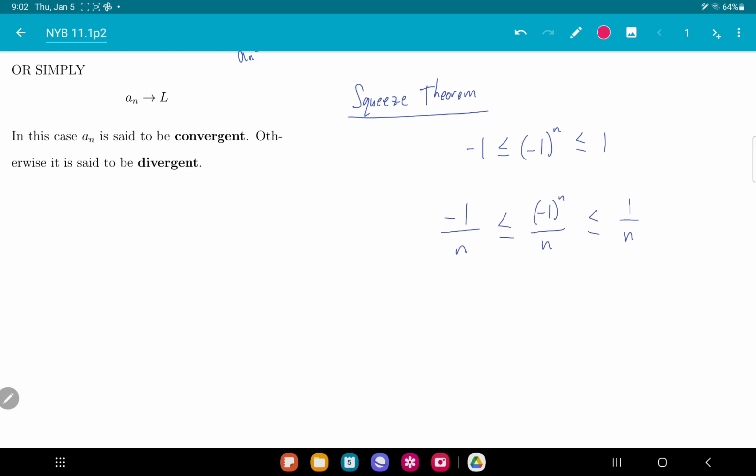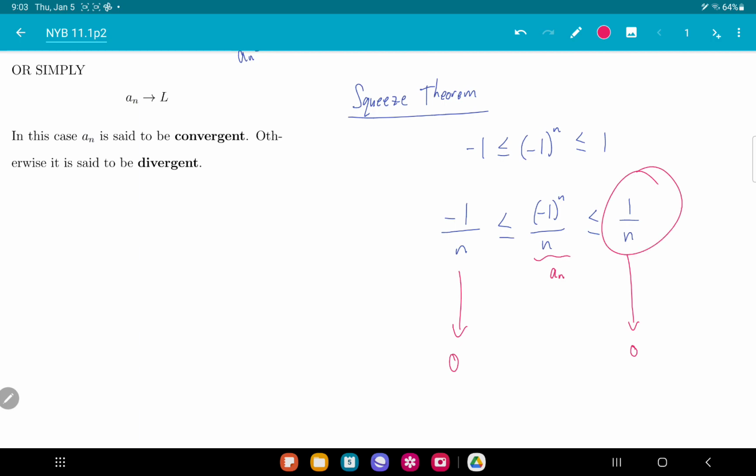Okay, what's the point of this? Well, the point is that I have stuck my sequence, a_n, between two very simple sequences. So I've taken my relatively complicated sequence, stuck it between two very simple sequences, and I know that the limit here is 0, and the limit here is also 0. That's clear as day.